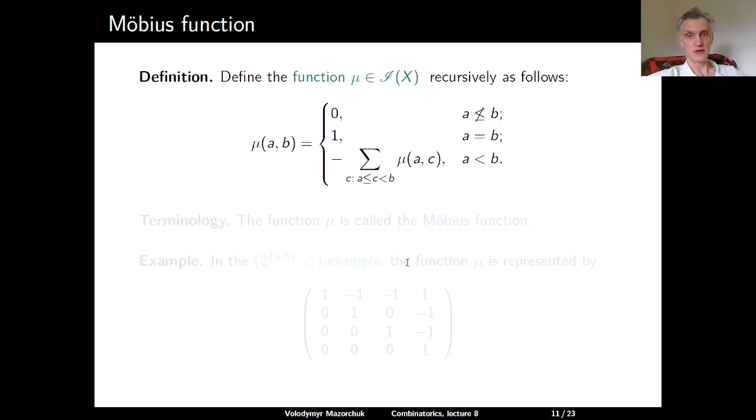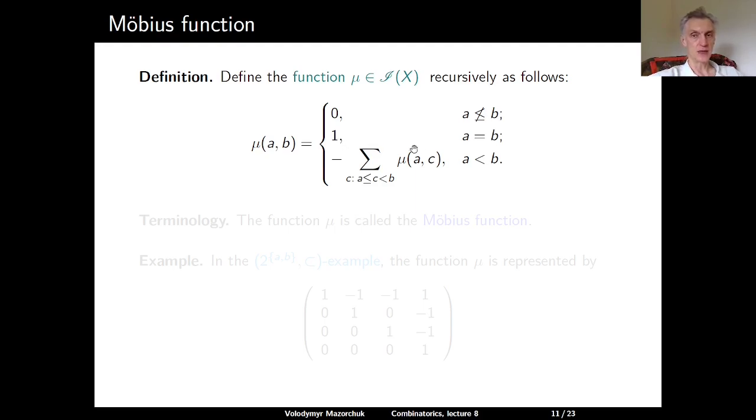So we define the Möbius function, which is denoted by mu. That's an element of the incidence algebra, which is defined by the following recursive procedure. So the value of mu at the pair A, B equals 0 if A is not less than or equal to B. That's the condition of the incidence algebra.